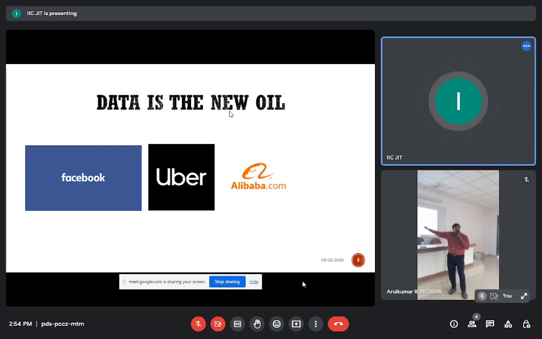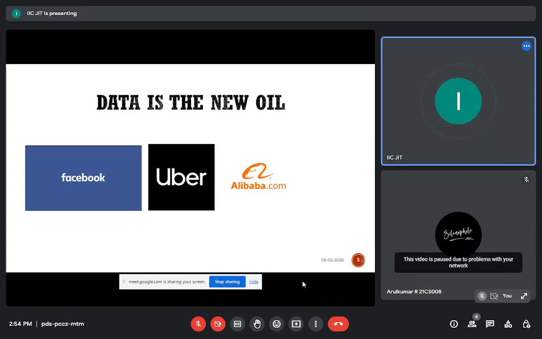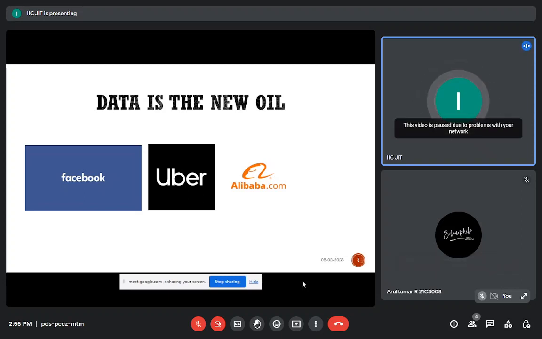Another example, Uber, taxis. Every day, millions of people use Uber. You go to any airport in the world, you come to downtown SFO, San Francisco airport, just take an Uber, much cheaper. You take a taxi, it's very expensive.